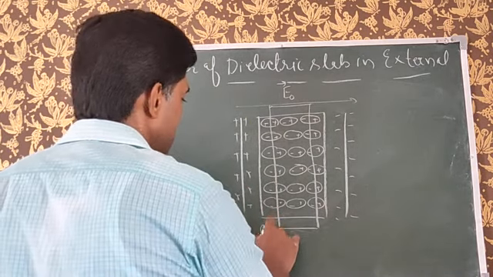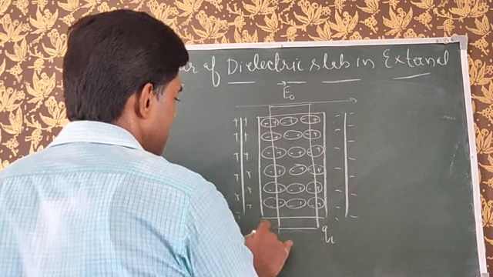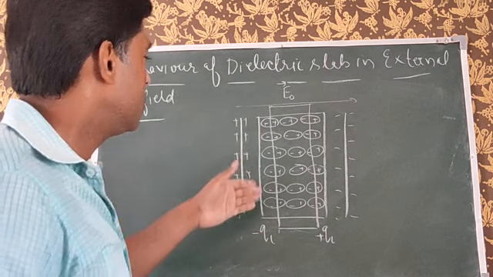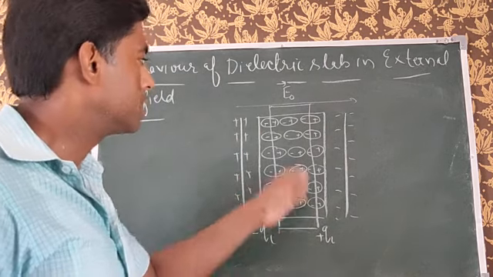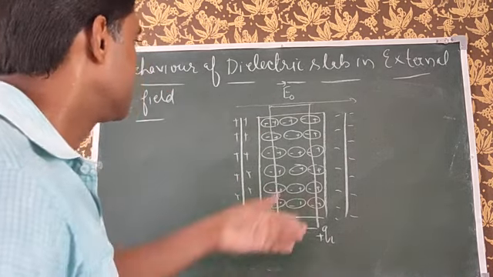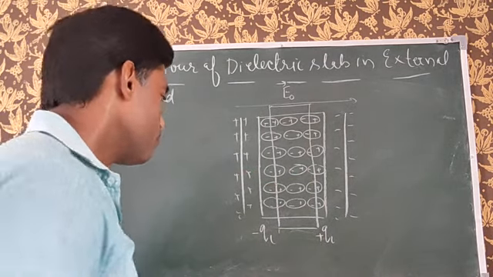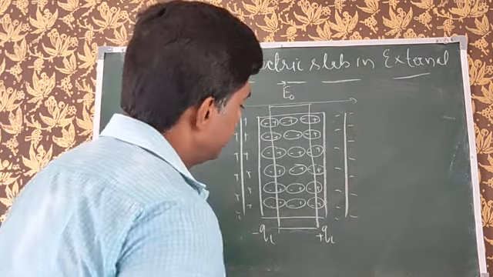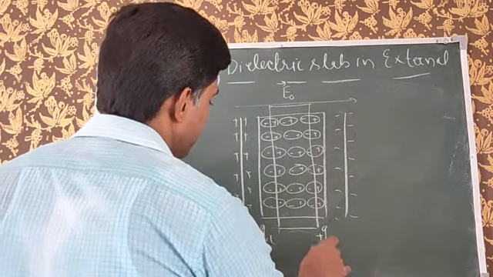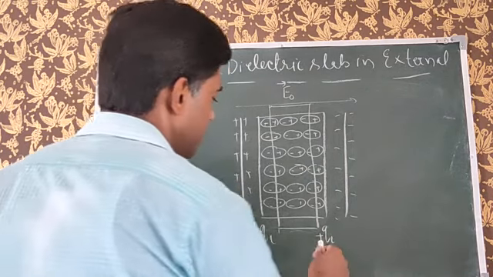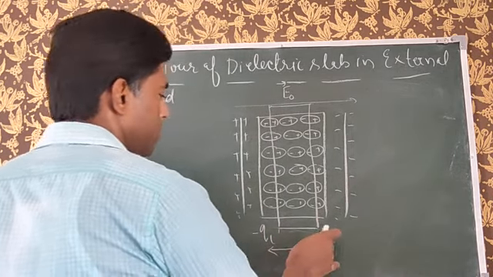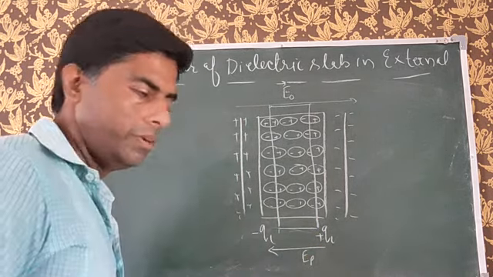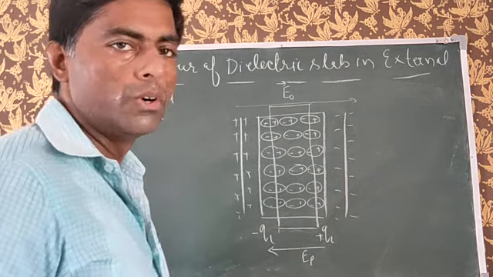So let Qi be the charge appearing at each of its faces: minus Qi on the negative side and plus Qi on the positive side. So in this way, charge separation takes place. Now as charge gets separated inside the dielectric slab, an electric field is also produced inside the slab, from positive to negative charge, and it is represented by EP, the electric field due to polarization.